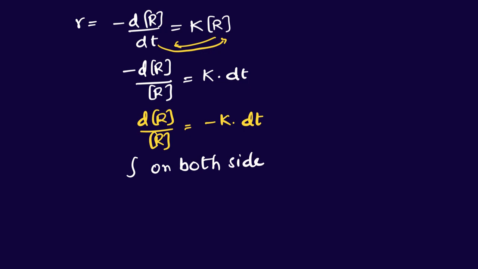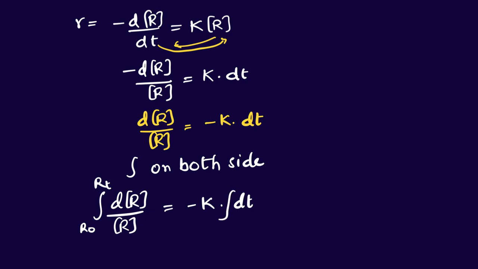Then we will get the integration of dR by R, with limits R naught and R at t time, is equal to minus K times the integration of dt, with limits 0 to t time.